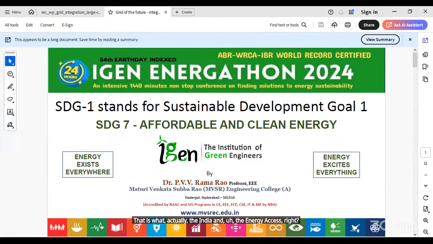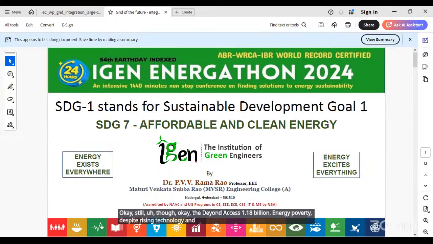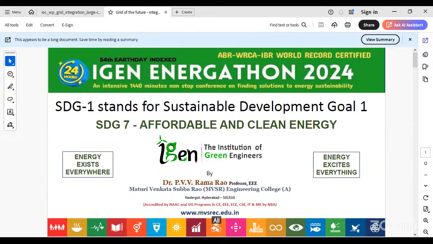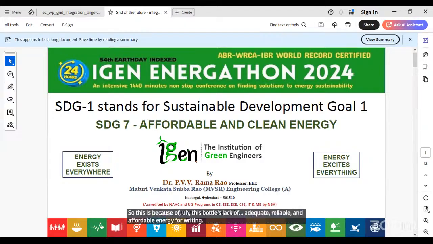In what way is it going to reduce poverty, or meet SDG 1? Still, beyond access, 1.18 billion people are in energy poverty despite rising technology and renewable energy integration into the grids. This poverty is because of a lack of adequate, reliable, and affordable energy for lighting, cooking, heating, and other daily activities.